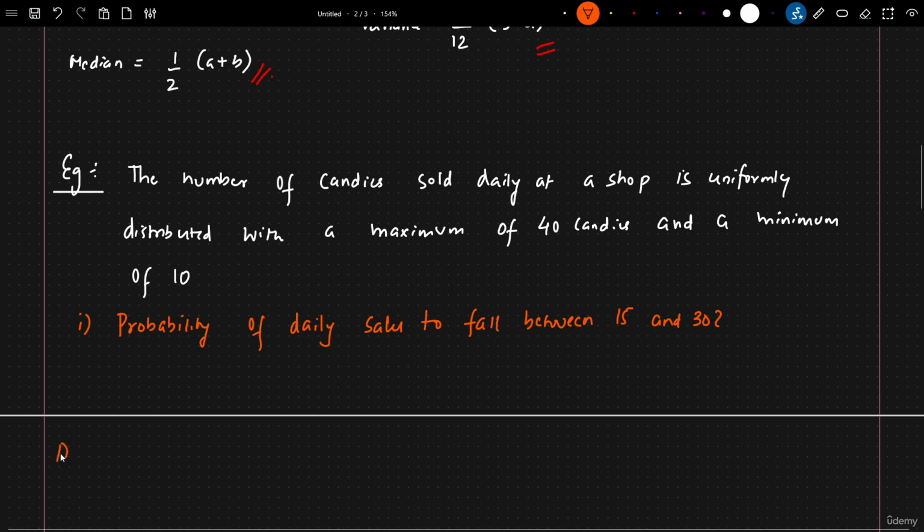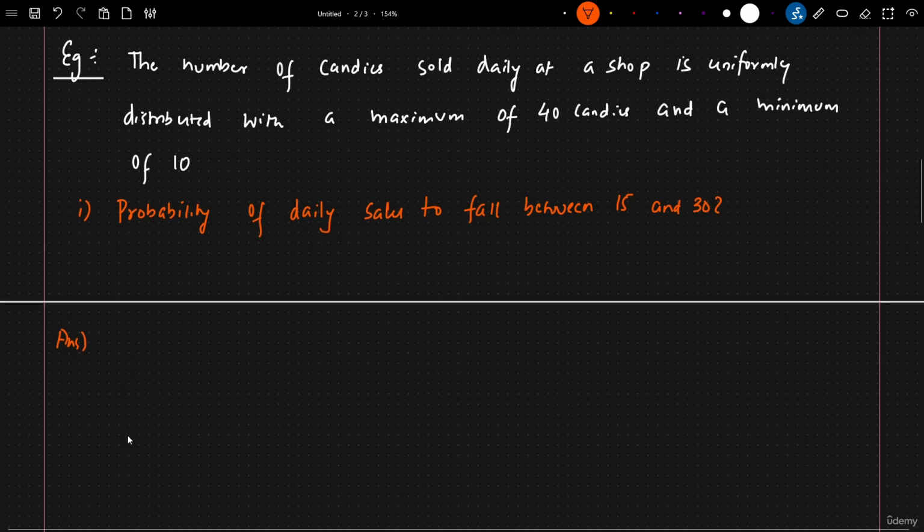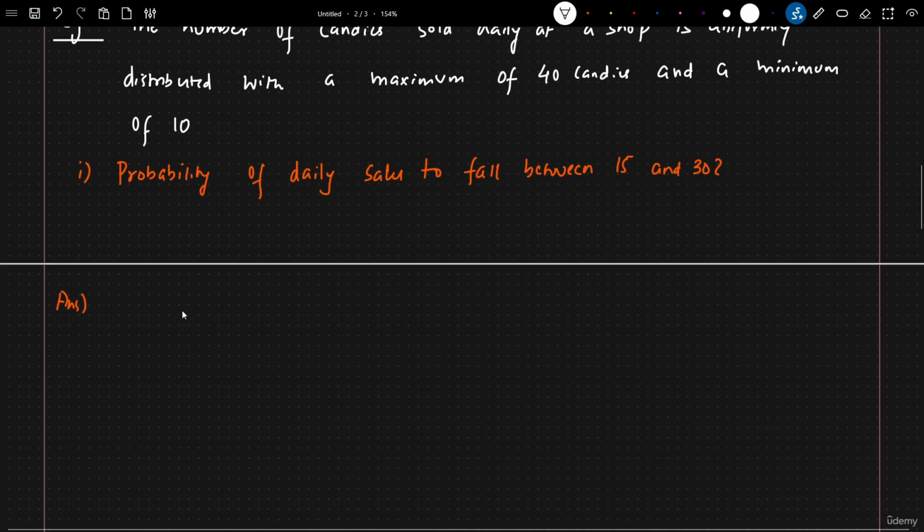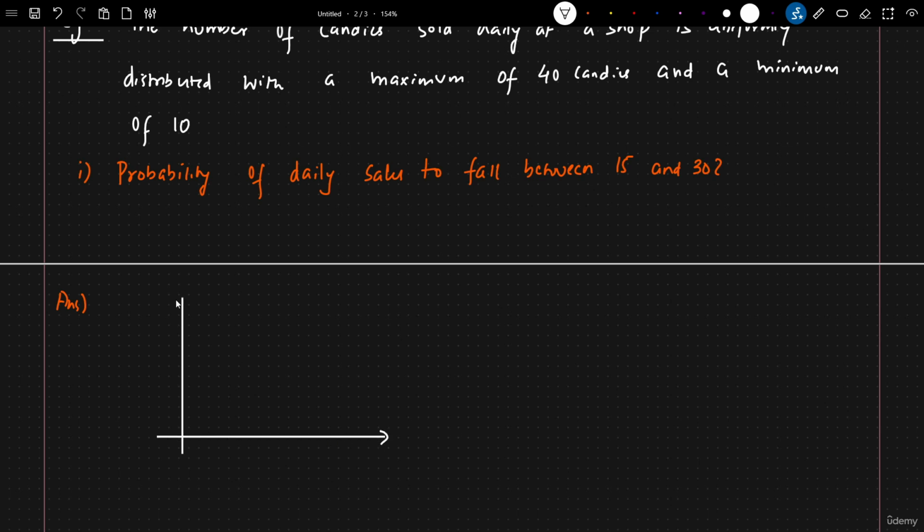In order to solve this, first of all, we will construct this particular graph, the distribution, by using the PDF. This will be my number of candies sold, which will be my X value. Here, your minimum value is 10 and your maximum value is 40, right? And your number of candies is between this value and this value.